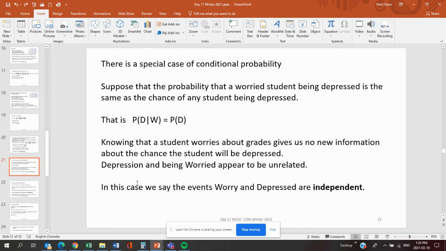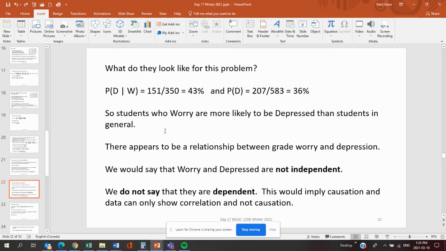When those sorts of things happen, we say the two events are independent of each other. They're not related to each other. Okay? In our problem, we worked out depressed given worried a minute ago is 43%. We also calculated the probability of being depressed is 36. They're quite different from each other.